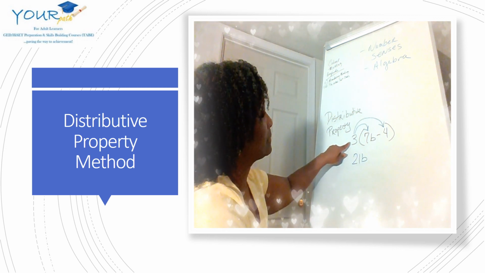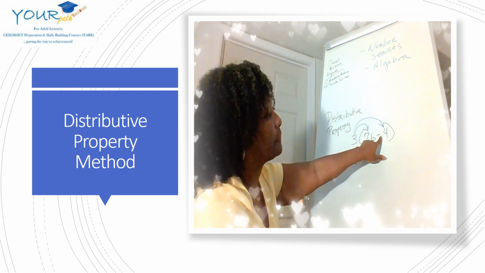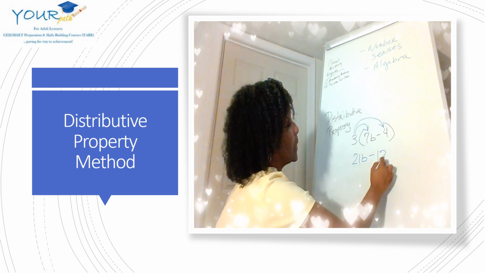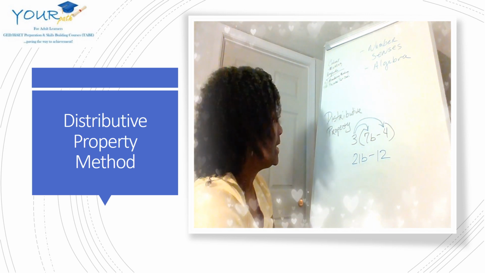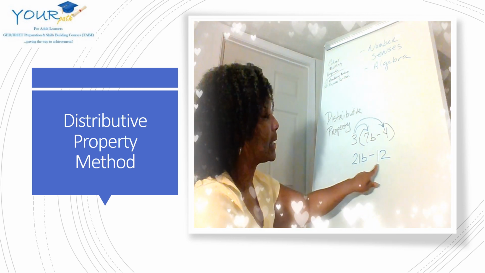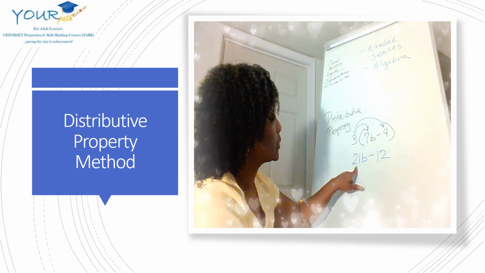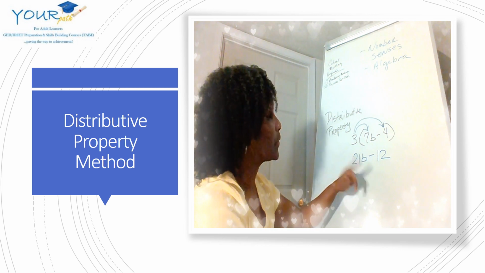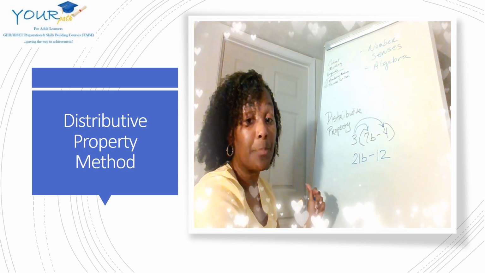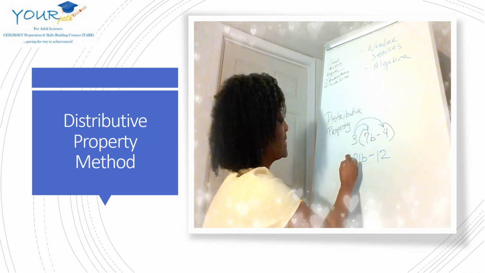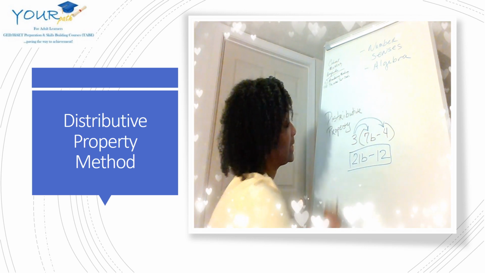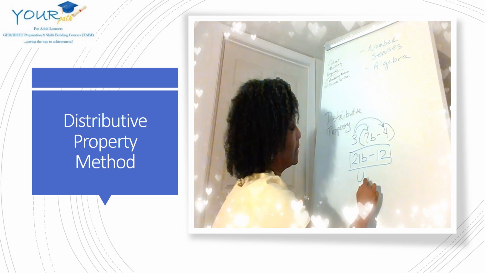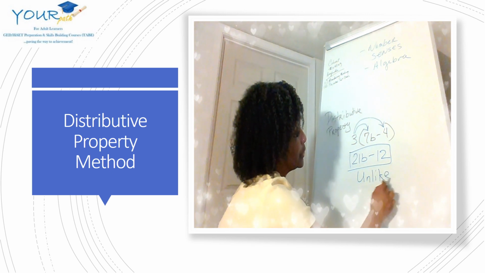And now we're going to multiply 3 times -4, and that's going to give us -12. So now that we have two unlike terms, 21b minus 12, they're not alike. And so there's nothing else we can do with this expression. So this is our final expression here. And there's nothing else we can do because they are unlike terms.